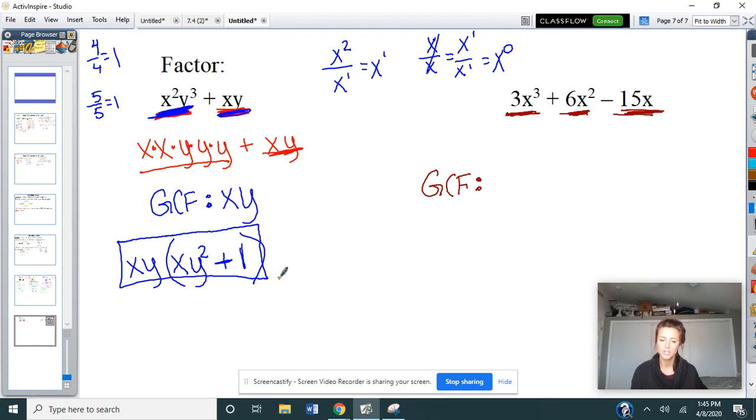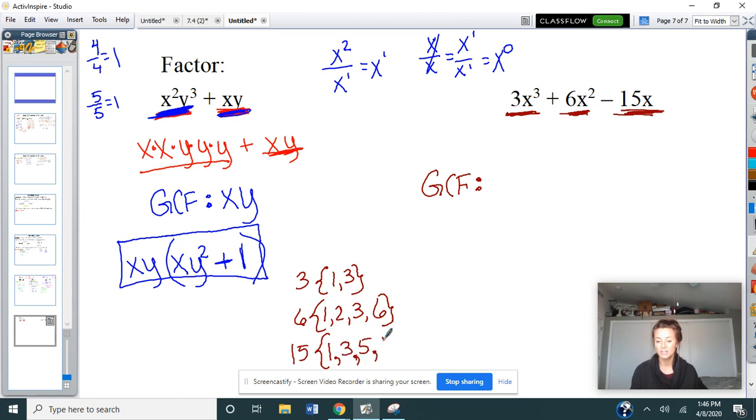Now I'm just going to show you the factors of 3. This is 1 times 3, and that's it. The factors of 6 are 1 times 6, 2 times 3. So those are the only factors of 6. And the factors of 15, what gives me 15? Well, 1 times 15, 3 times 5.